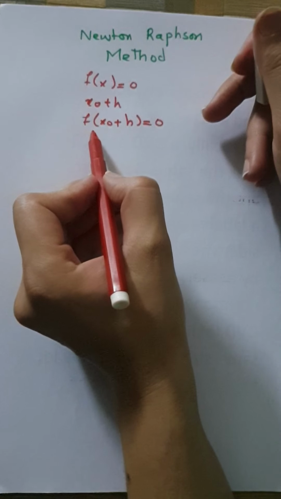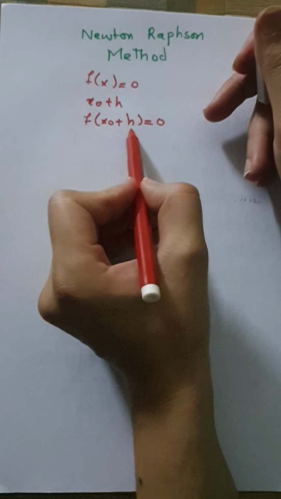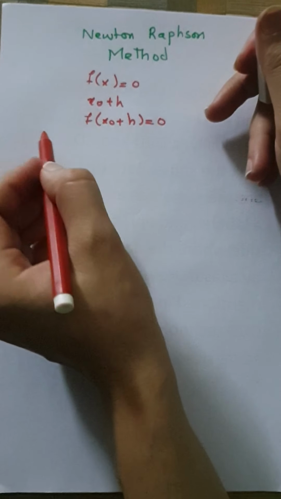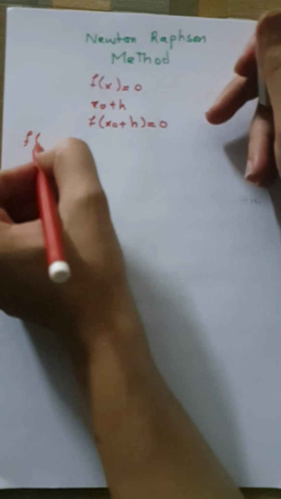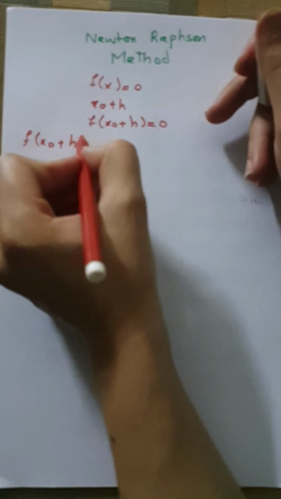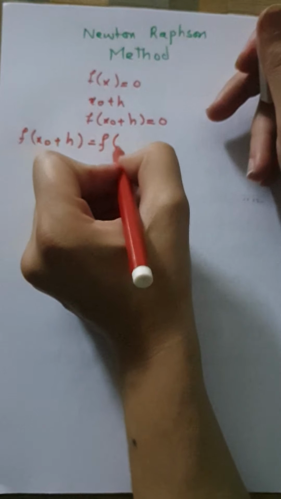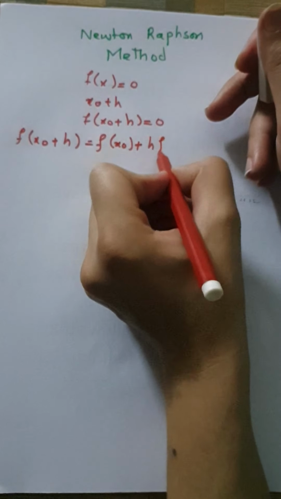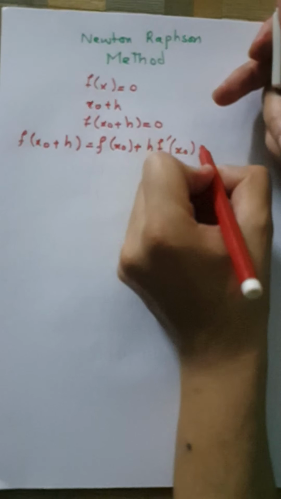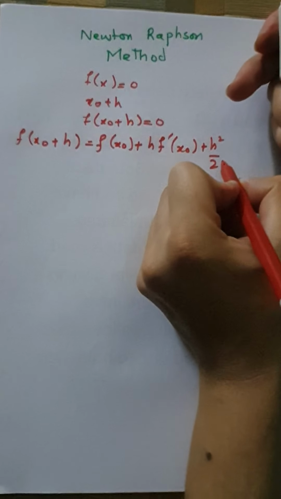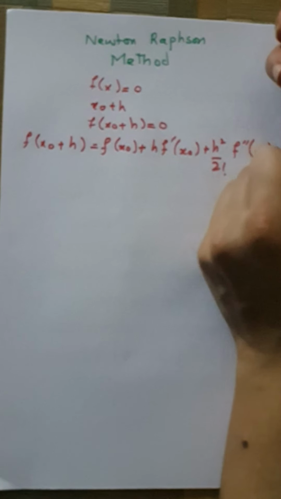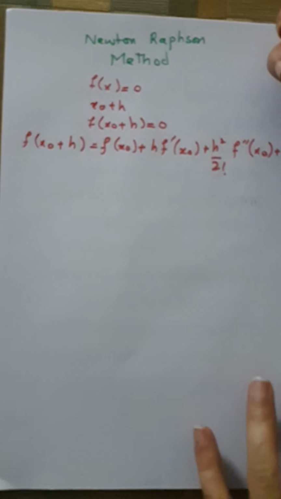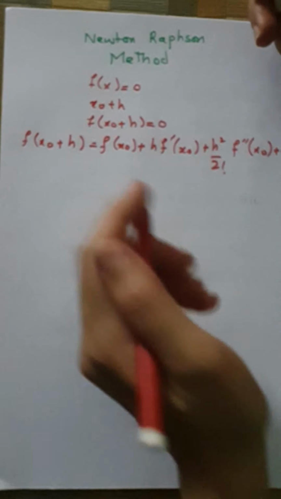Let's expand this function around the point x naught using the Taylor series expansion formula, which says that f of x naught plus h is equal to f of x naught plus h f bar of x naught plus h square over 2 factorial f double bar of x naught, and so on. You can keep applying this formula for the nth terms.